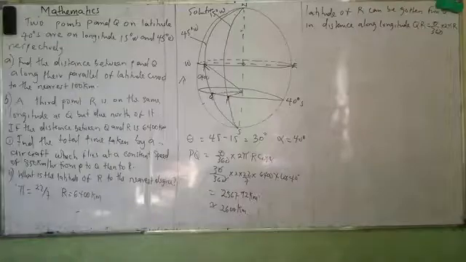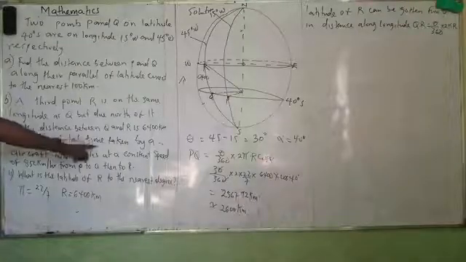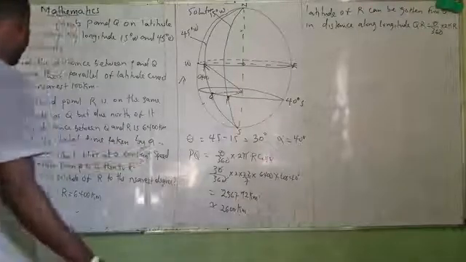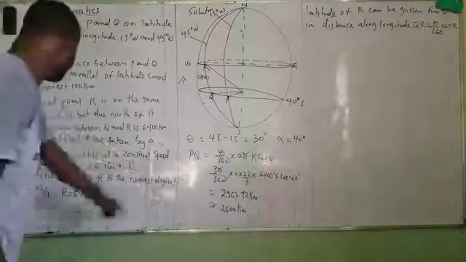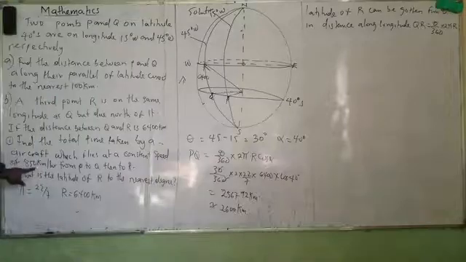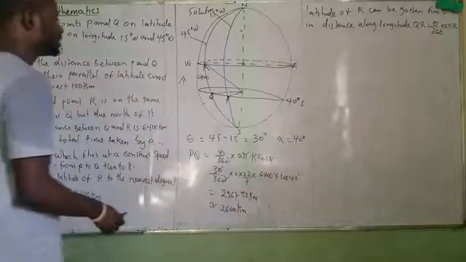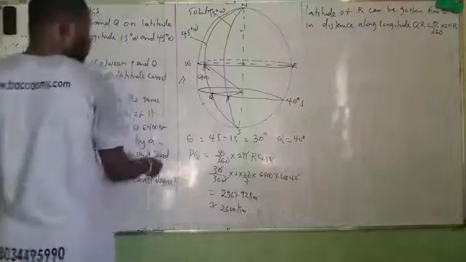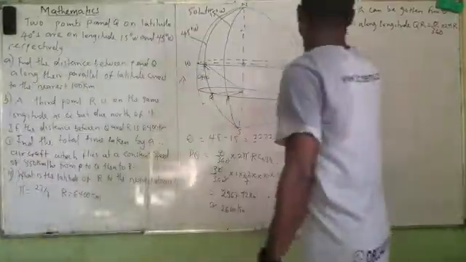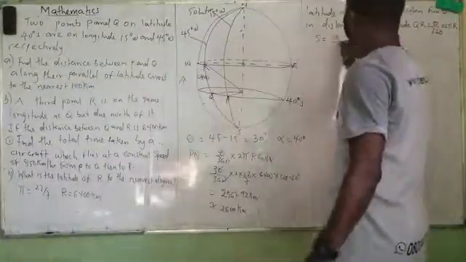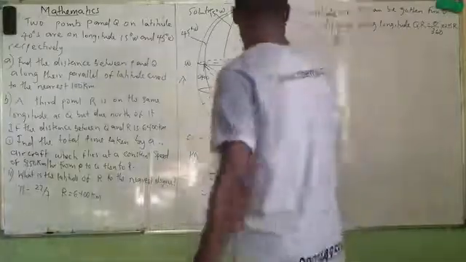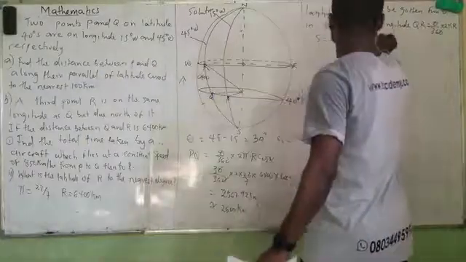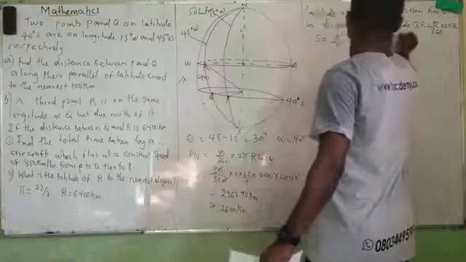And find the total time taken by an aircraft which flies at a constant speed of what? This is the speed. We have the speed. Speed equals distance all over time. My distance is 6,400.